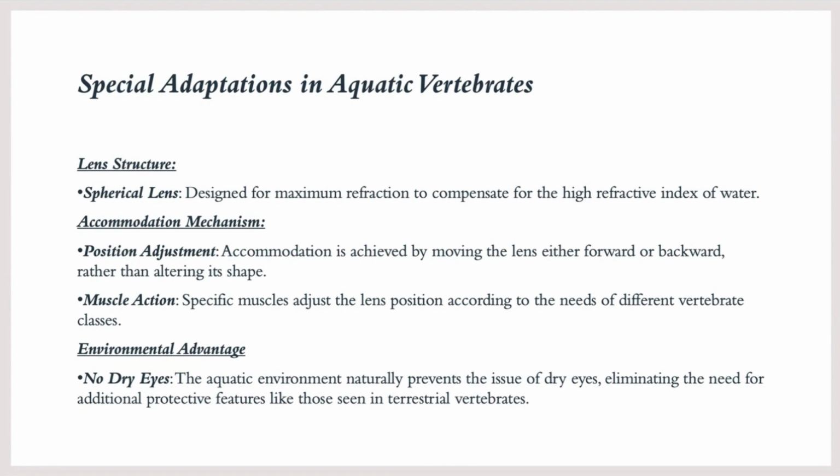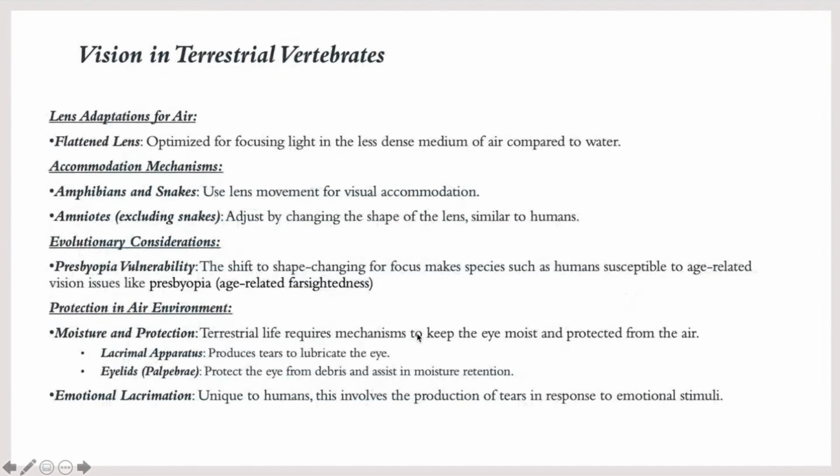And it's important that the eyes have some lubrication because, as we mentioned, the lenses are moving forwards or backwards. If they're moving forwards and backwards and there is nothing to lubricate, there's going to be some friction, and this is going to cause damage to their eyes. So this is why it's important not to have dry eyes.